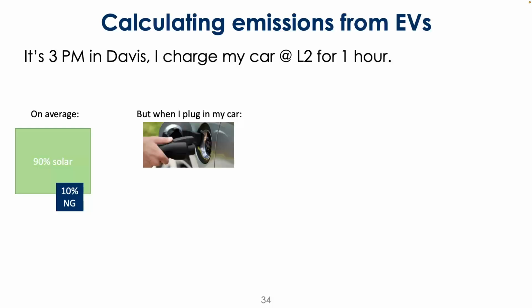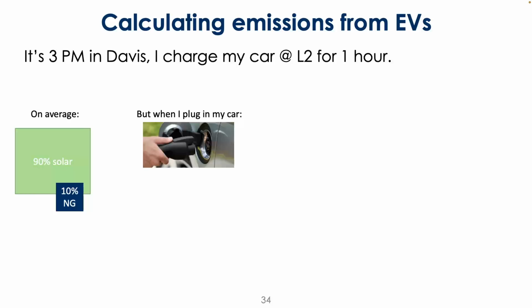So based off of how we played our dispatch game, what's actually happening? So think back to our dispatch game. Who do you think produces electricity cheaper, solar or natural gas? Solar, right? There's no fuel cost associated with solar. So who gets dispatched first? Solar, right? And so there's a bunch of other electricity demand besides our car, and that's getting satisfied by solar.